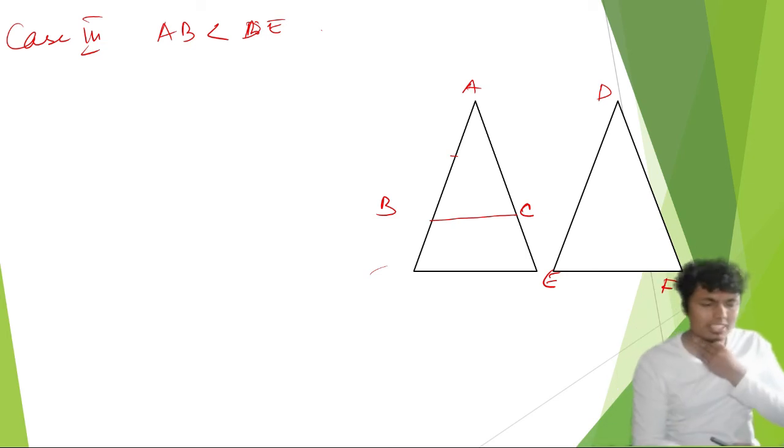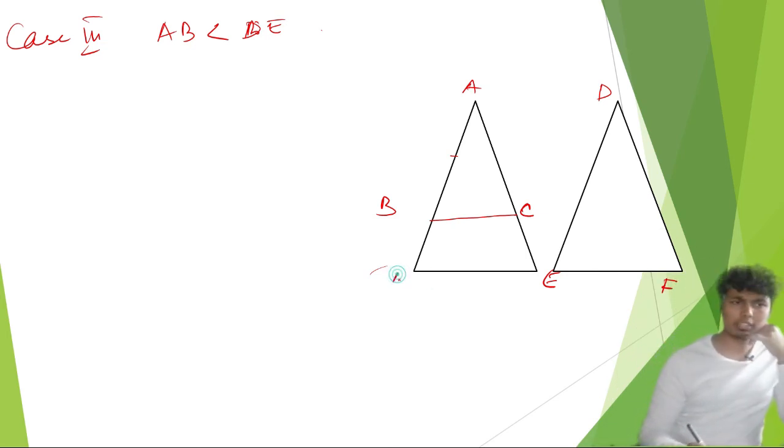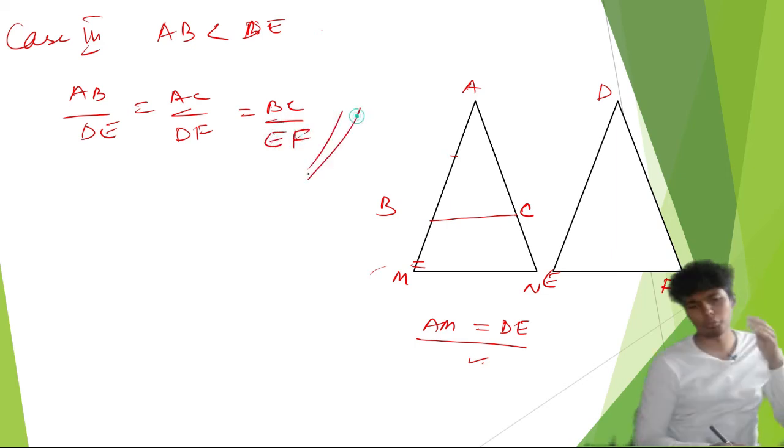Now in this case, it is quite similar to the first one, where we make MN such that AM is equal to DE. These two are equal, and after that, like in the first case, we can show that AB by DE is equal to AC by DF is equal to BC by EF.